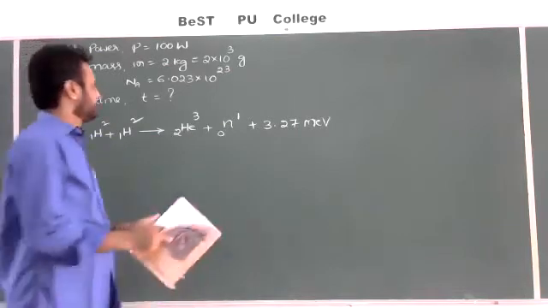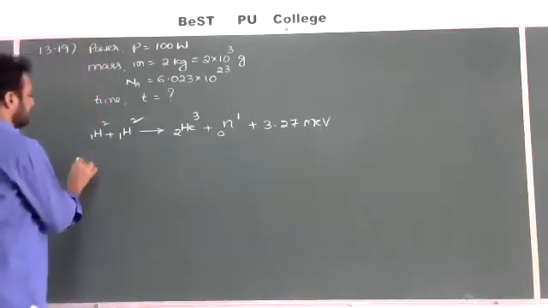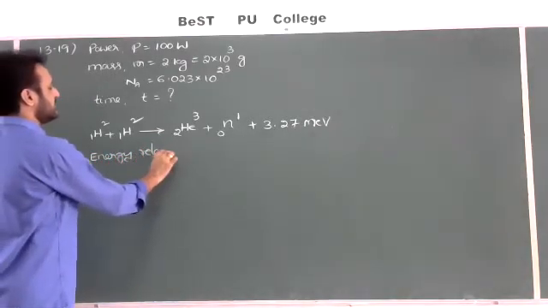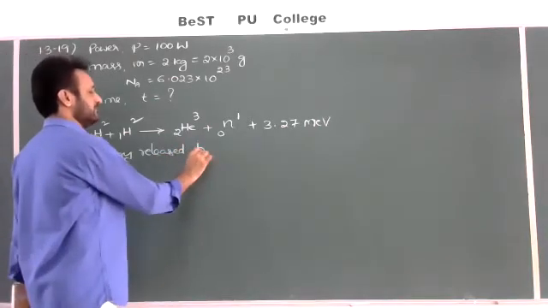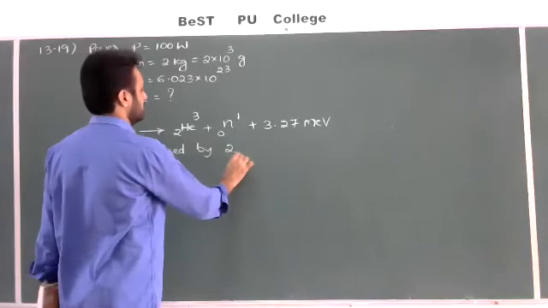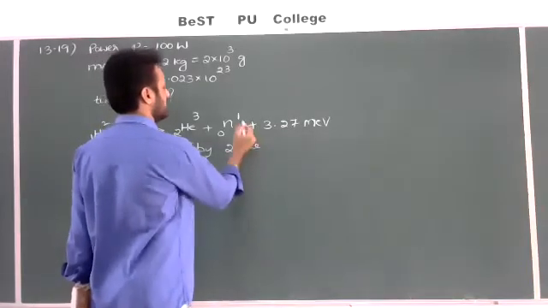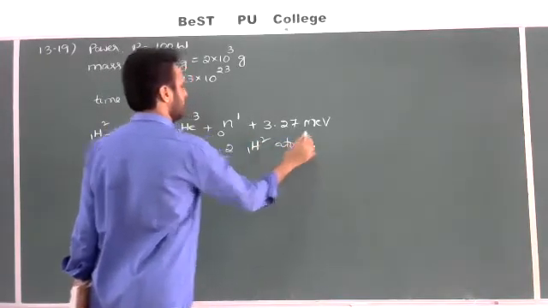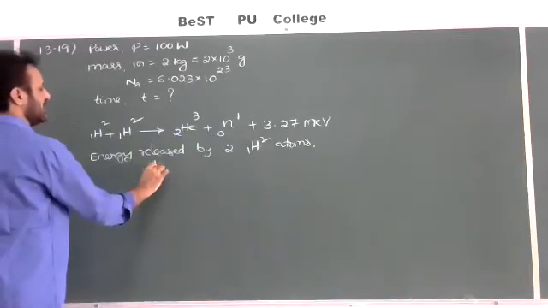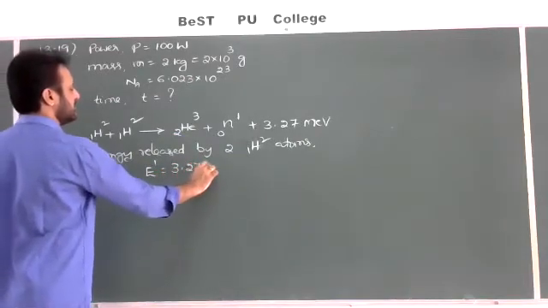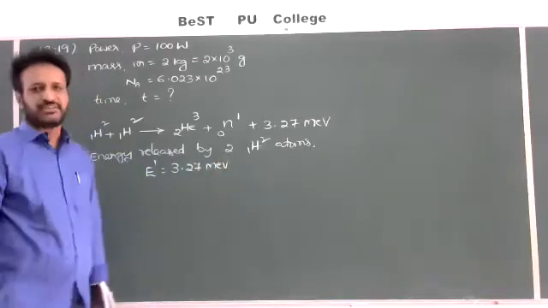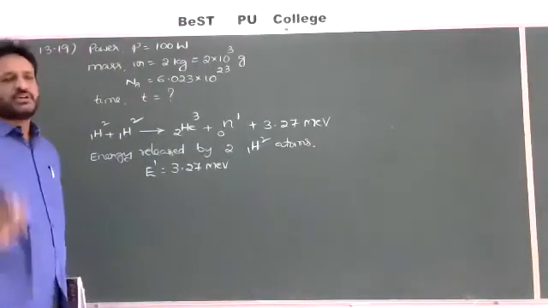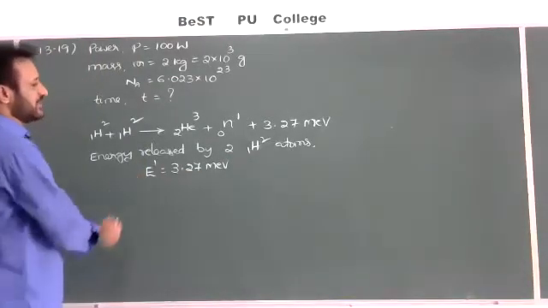Now I'll write: energy released by 2 deuterium atoms or 2 1H2 atoms, E dash is equal to 3.27 MeV. Of course we may convert into joule later. For 2 atoms it is 3.27, but for 1 atom, how much energy is emitted? Divide by 2.